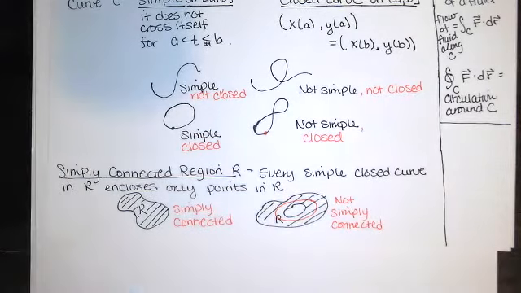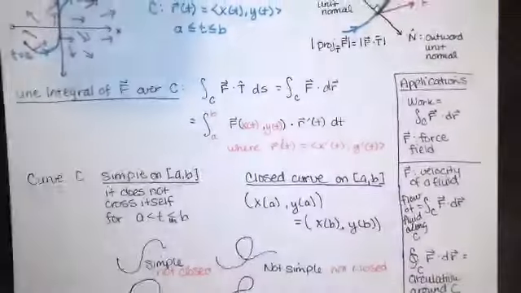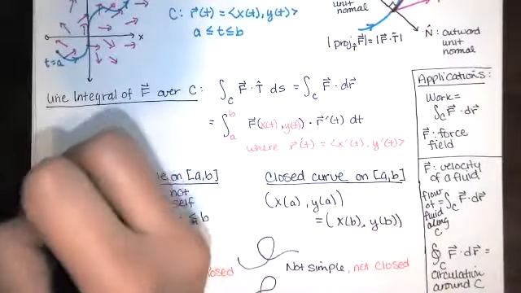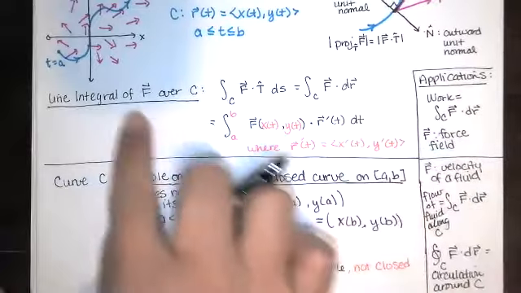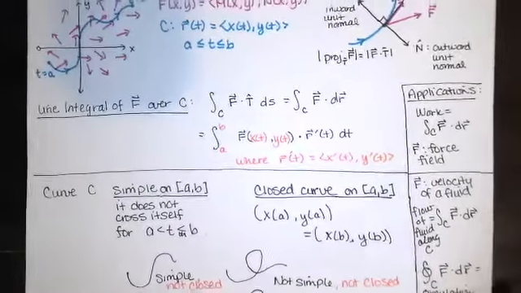Now I'm going to state the first form of Green's theorem. It's called tangential form. And it's related to this line integral of F over C.